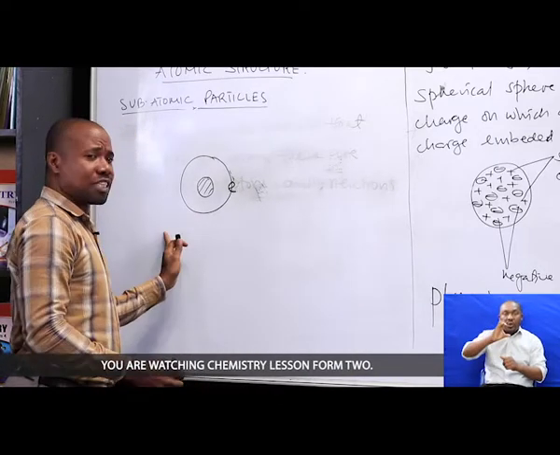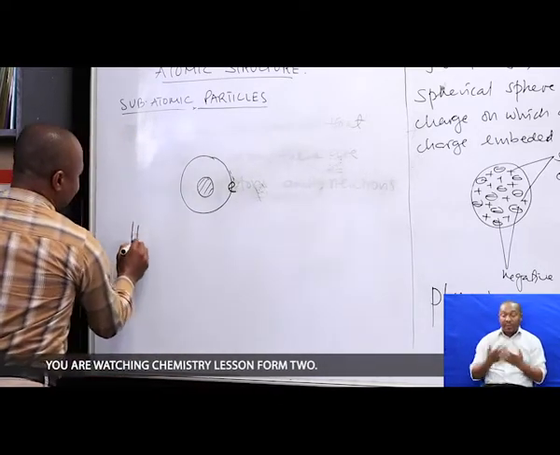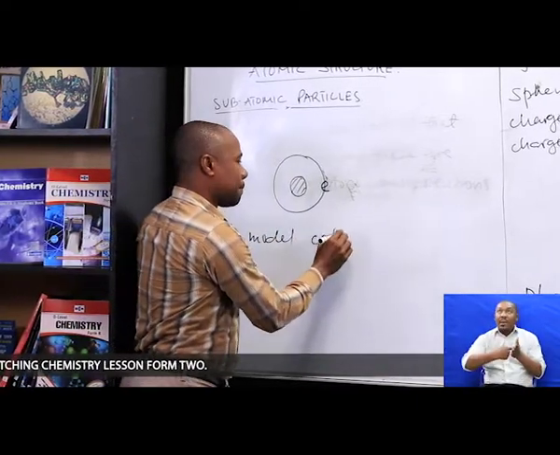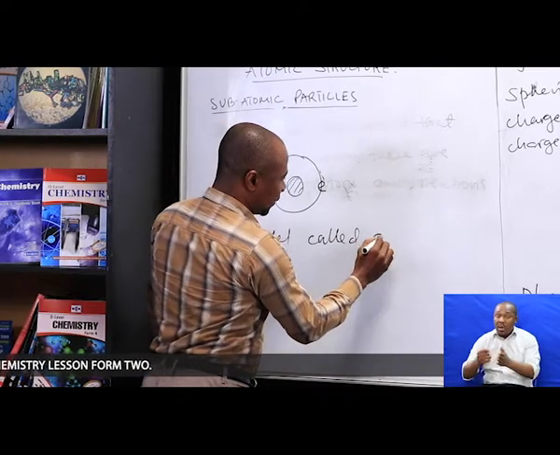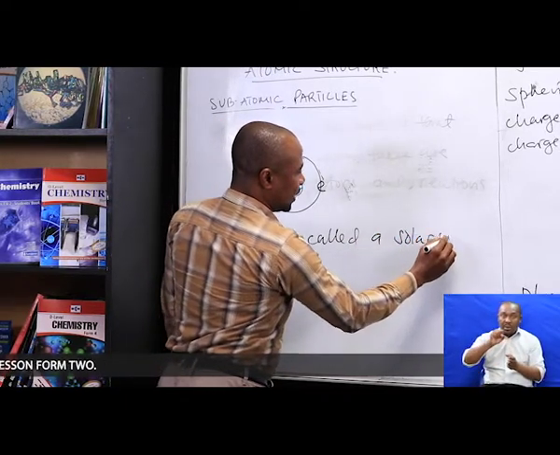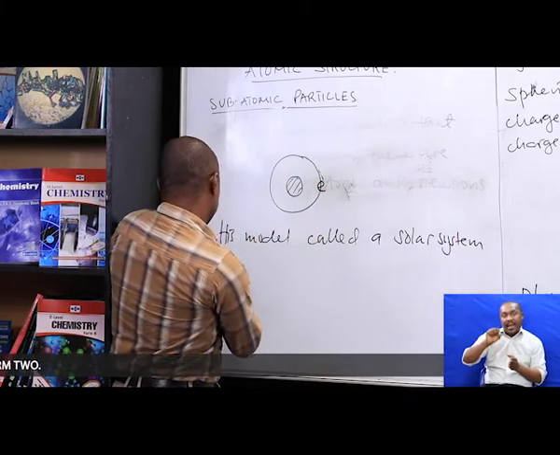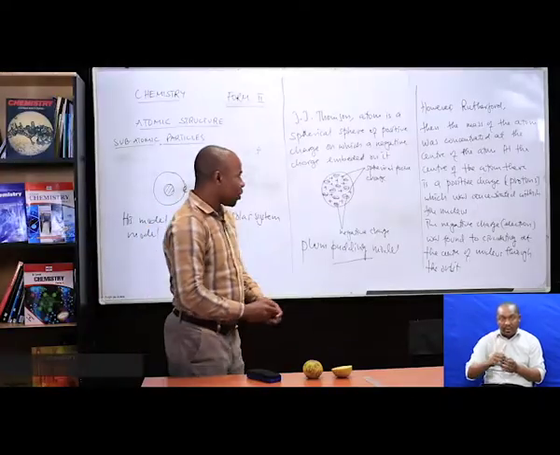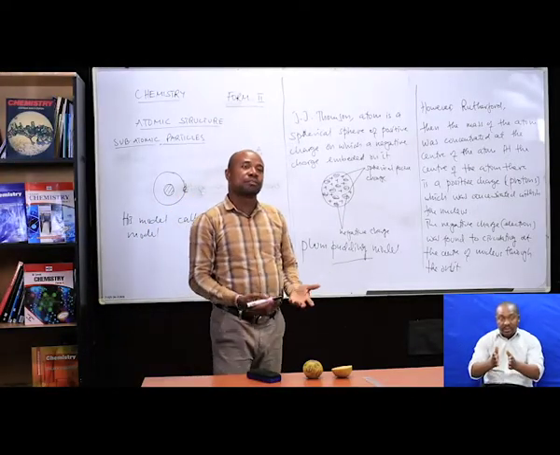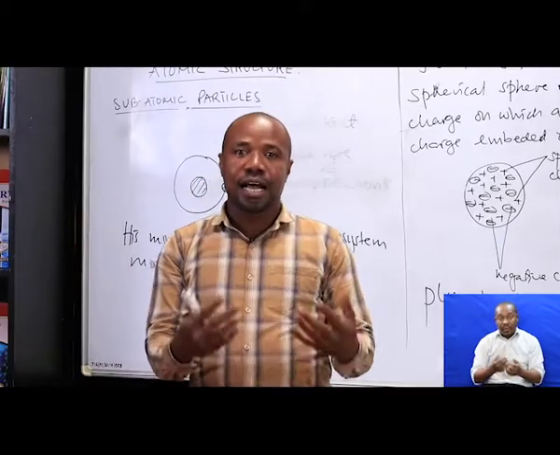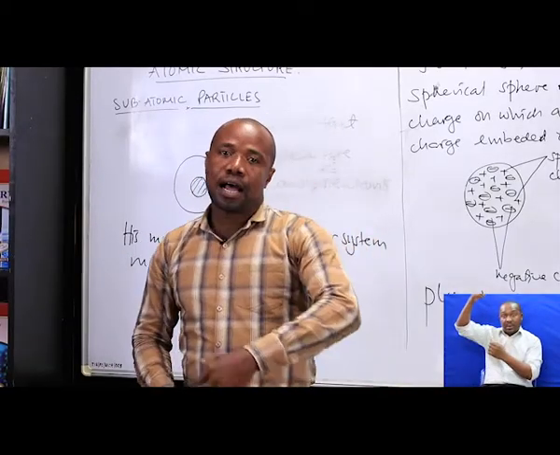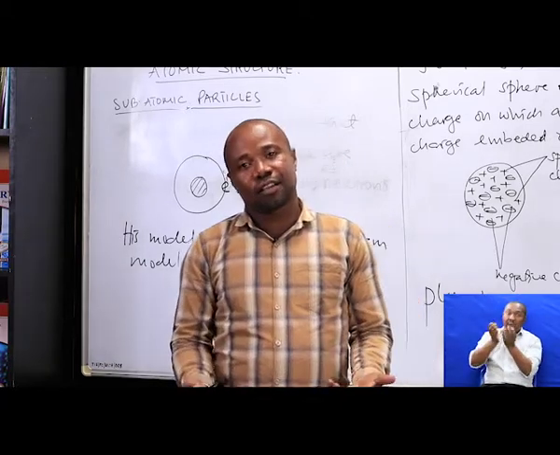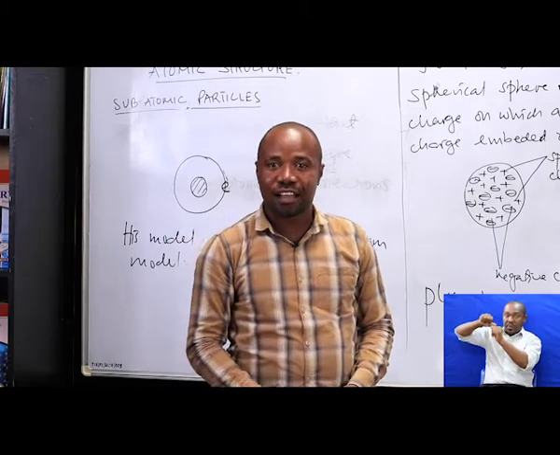He concluded with this model. His model is called a solar system model. Why solar system model? Because in a solar system there is a sun at the center, and the Earth and the other planets revolve through orbits. Hopefully, you know about the solar system.